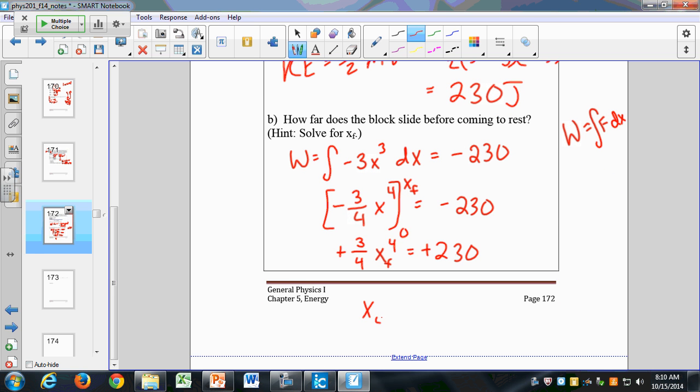So xf is equal to 4/3 of 230, raised to the 1/4 power, or to the 0.25 power. And what did you say it was already? 4.2 meters. So that means that this object, which is traveling along this plane with this variable force, will travel 4.2 meters.